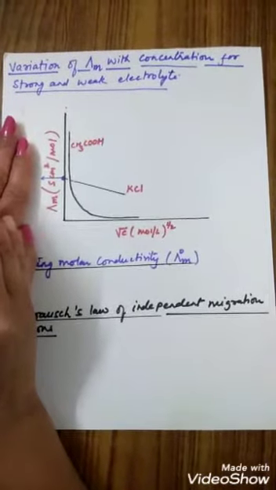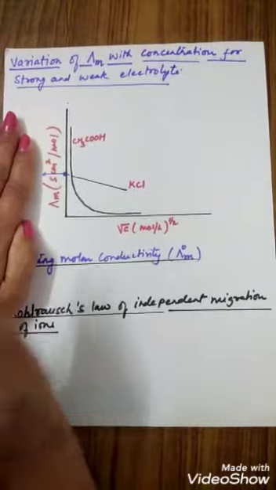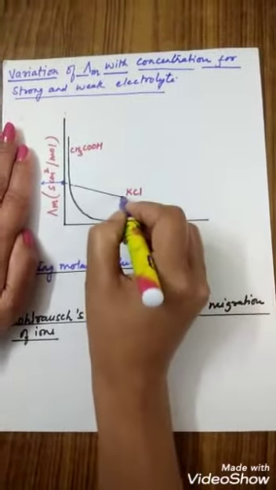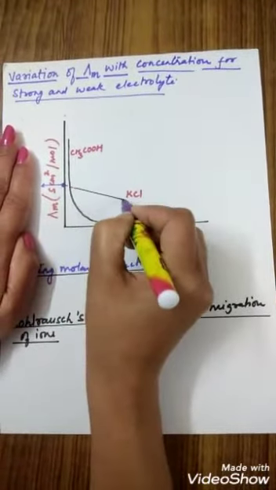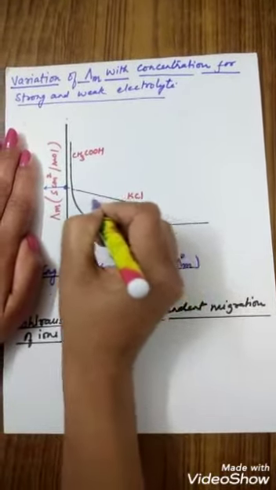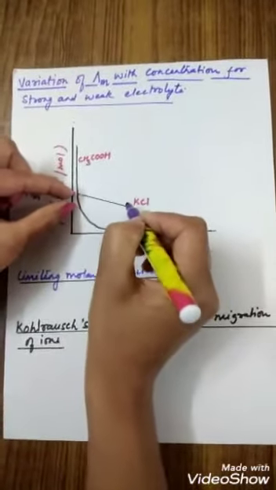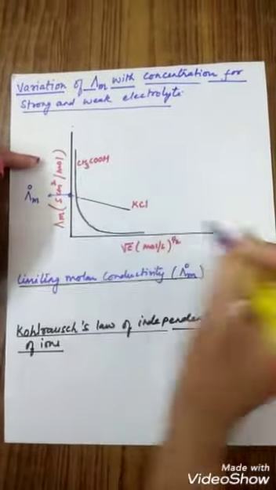But if you see, then you will find that there is a very clear difference between a strong and weak electrolyte. For a strong electrolyte, the increment is not very much. Means when the concentration is decreasing from here to here, the lambda m is increasing only this much. So this is almost a very flat line showing a little increment, KCl.